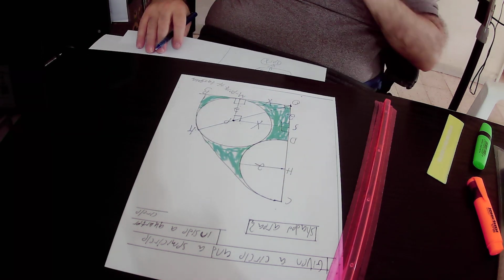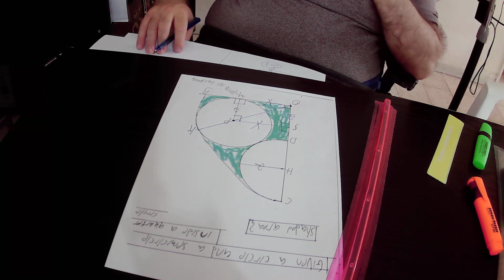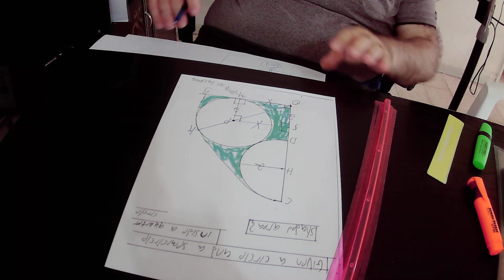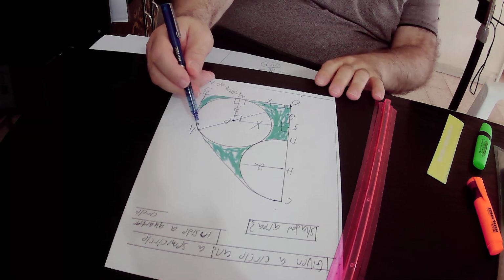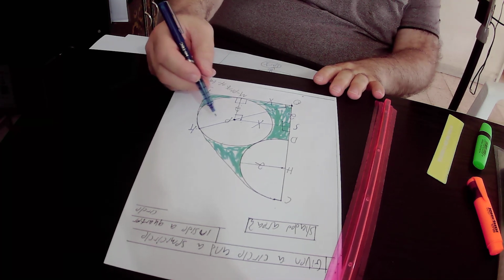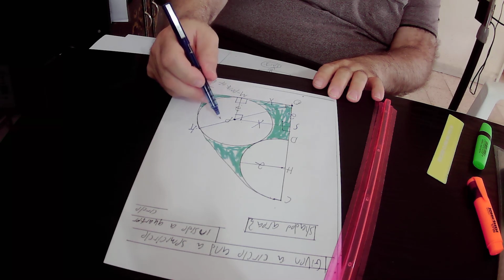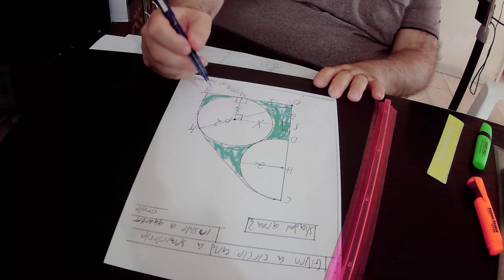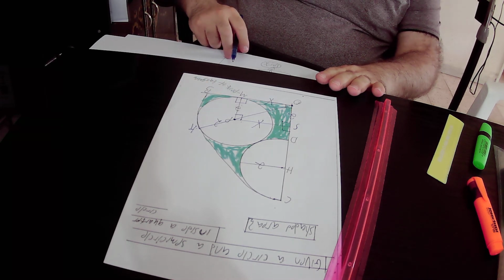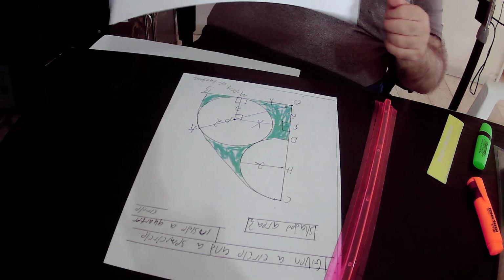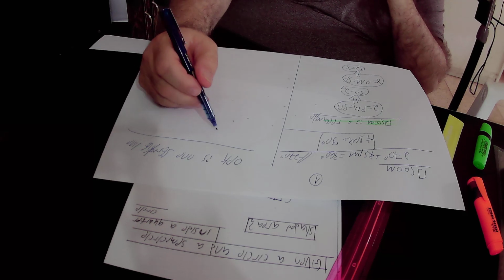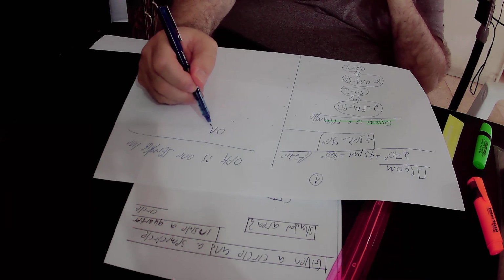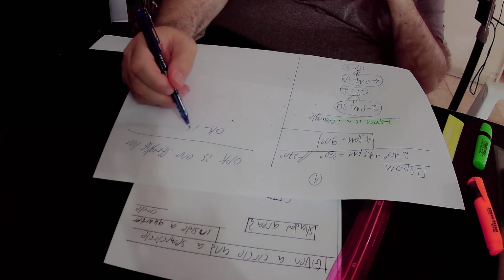And we know that P is the center of the circle, K is a point on the circle itself, therefore PK is the radius of this circle that is equal to 2 units. So if OPK is a straight line, it means that OK is also a straight line.